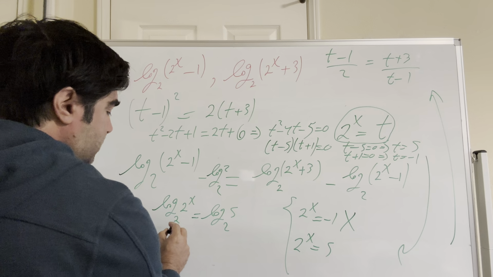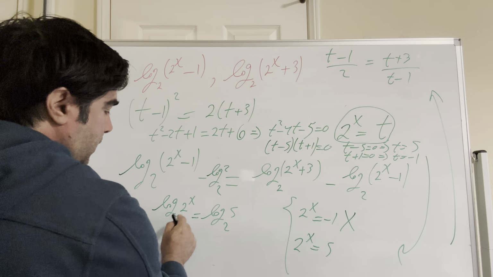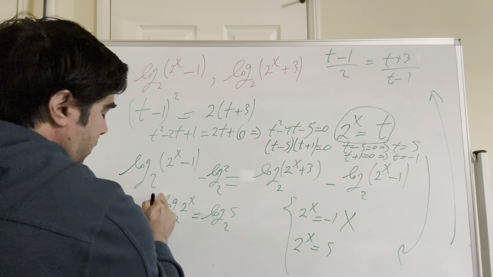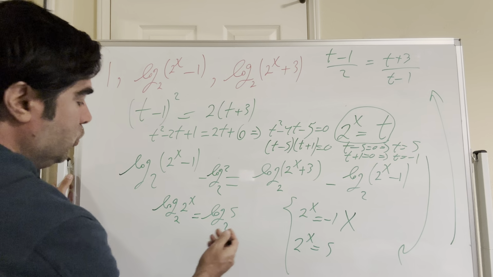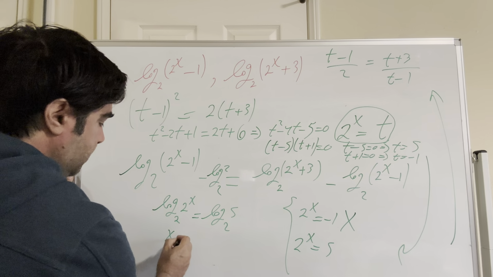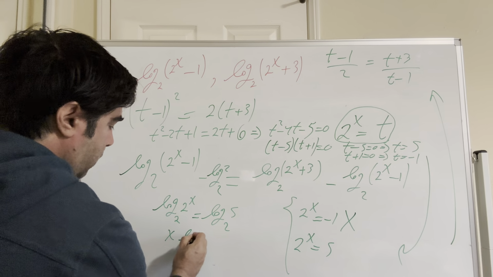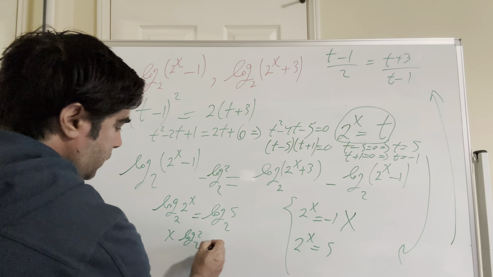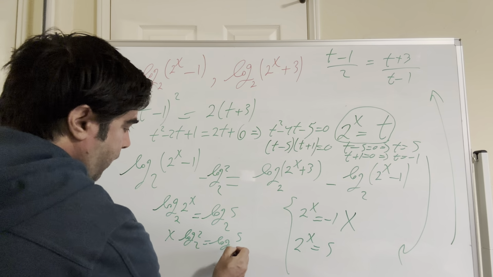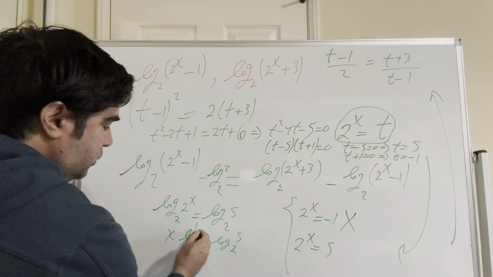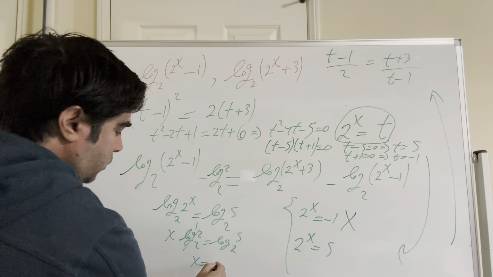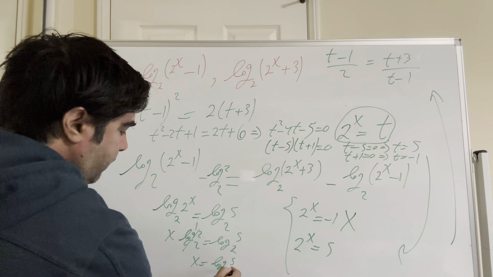The reason I chose base 2 is because I can bring the x out in front of the log, and you have log of 2 in the base of 2, which makes it 1. So this becomes x times log of 2 in the base of 2 equal log of 5 in the base of 2. Log of 2 in the base of 2 simply is 1. So x is equal to log of 5 in the base of 2.